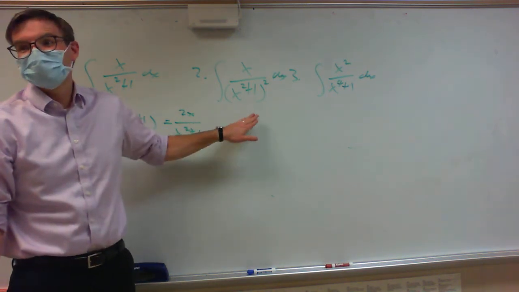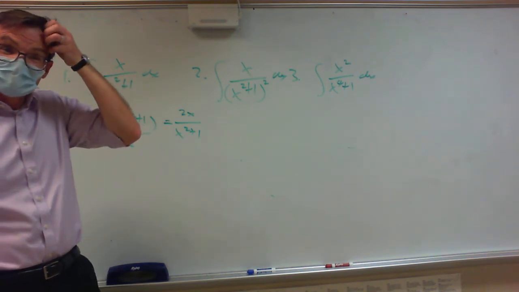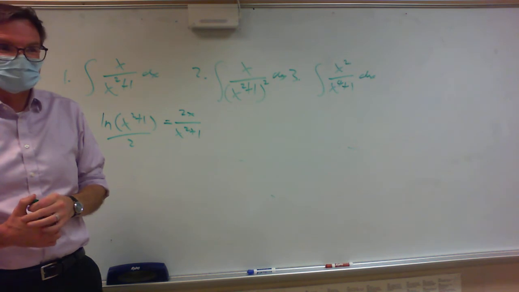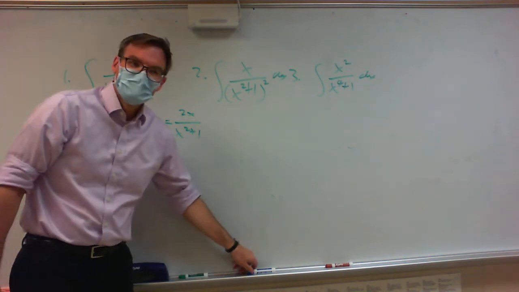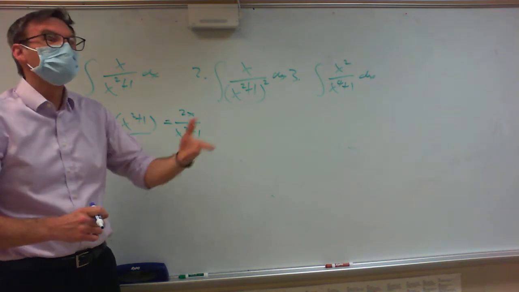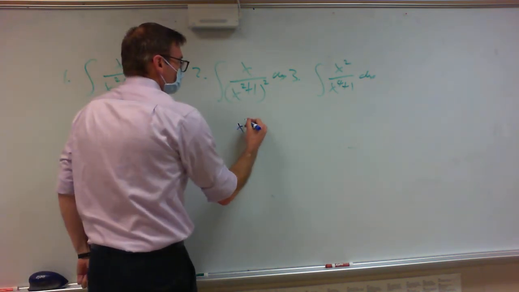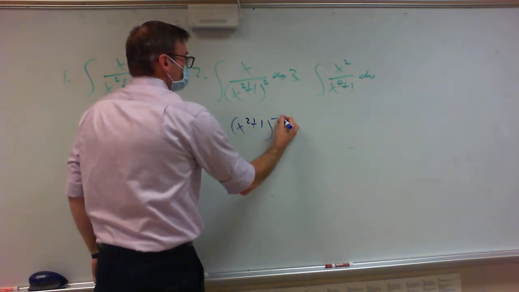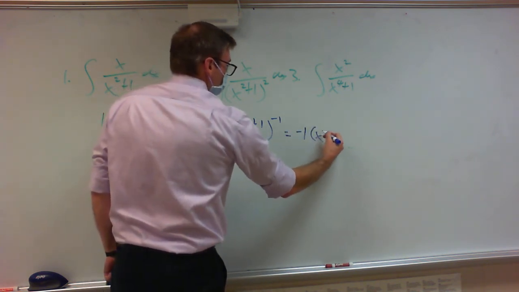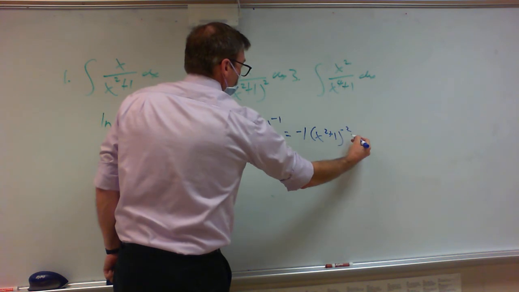What's your guess here? Perfect. x squared plus 1 to the negative 1. Because if I take the derivative, I get negative 1 times x squared plus 1 to the negative 2 times 2x.